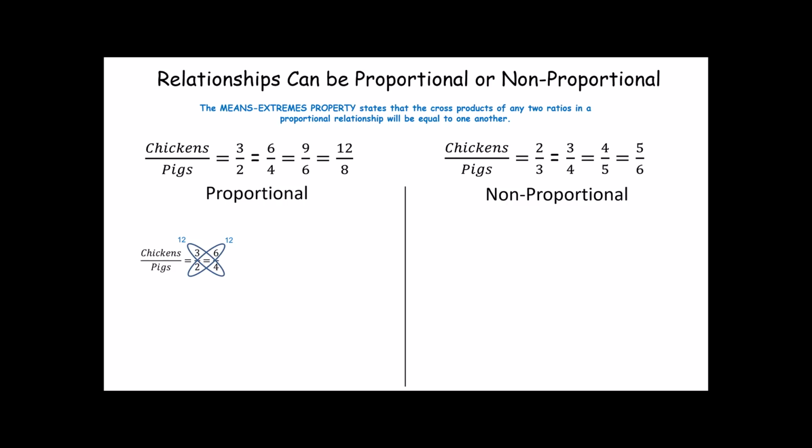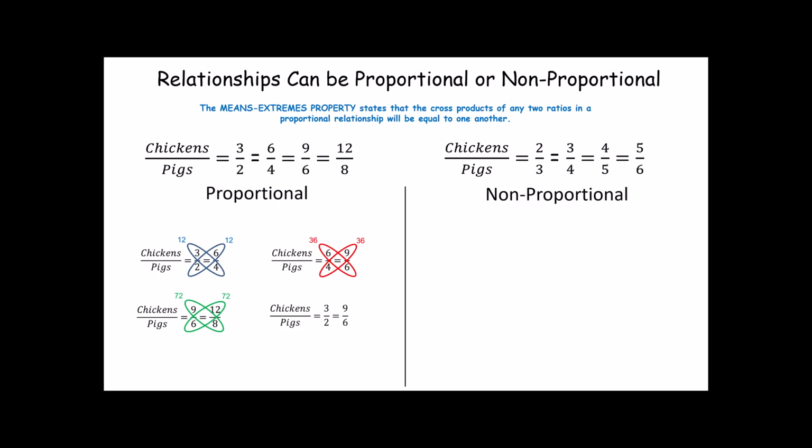Now, I said this must work for any pair, so maybe I tried 6/4 and 9/6, the second two. Multiply diagonally. Notice that 6 times 6 is 36. Notice that 4 times 9 is also 36. Or maybe you want to take the 9/6 and the 12/8. Cross multiply. 9 times 8 makes 72. 6 times 12 makes 72.